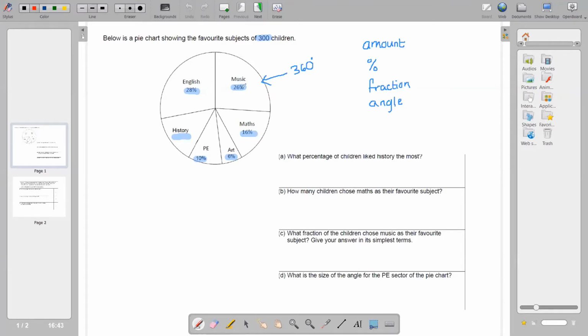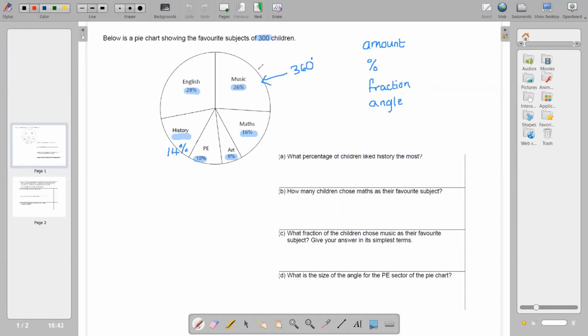So 28 add 26 would be 54%, add 16 would give us 70%, add 6 would be 76, add the 10% for PE would be 86, which means that 14% must be the percentage for history to bring us back up to 100% total.